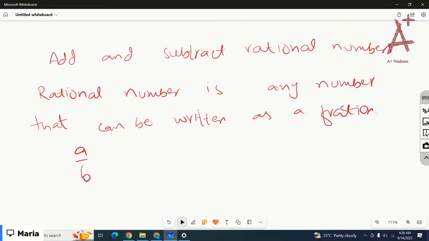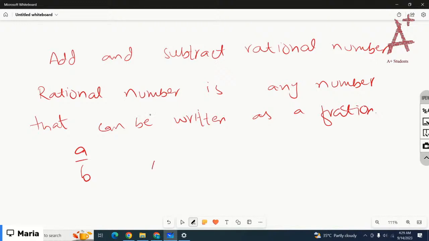Let me write down the example. So let's start with an example. You have to add the rational numbers, right?